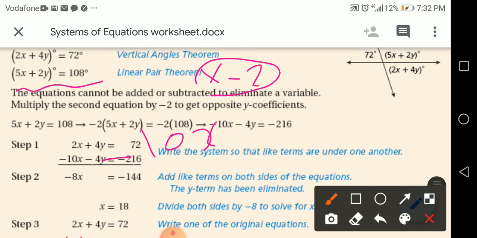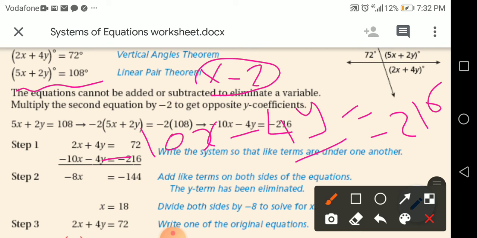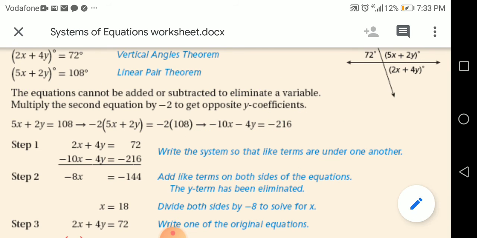Negative 2 times positive 2y gives me negative 4y. That's why I'm doing this. It equals negative 2 times 108, which gives me negative 216. This is what I changed; I changed this to eliminate y, to get rid of y. So let's see here, it's written already.